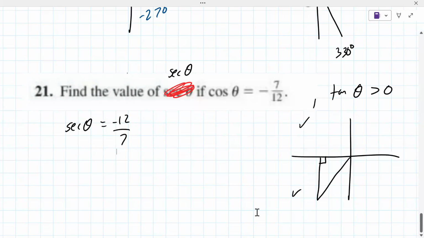Okay, what are the values of A, B, or C in this triangle?